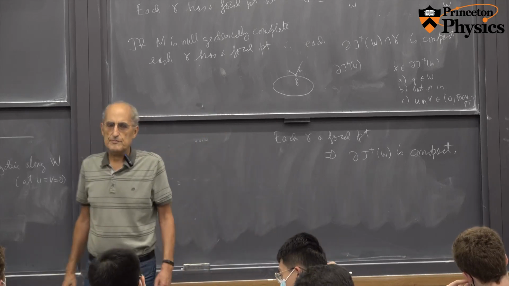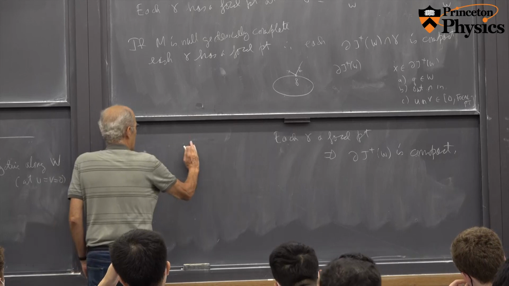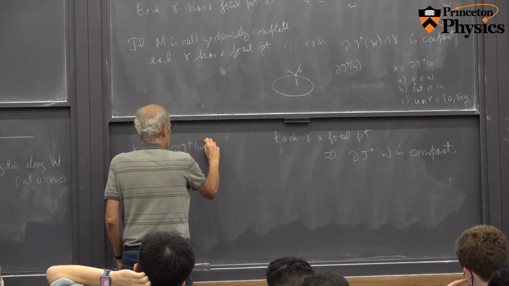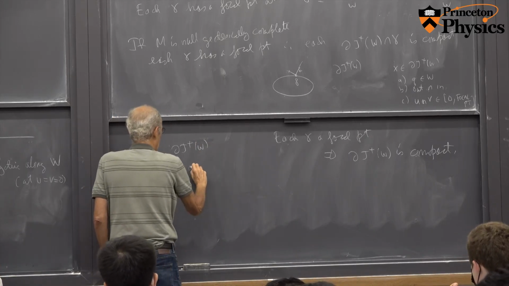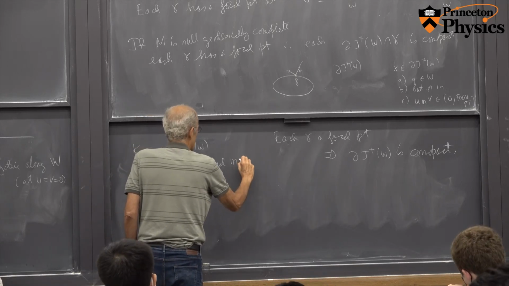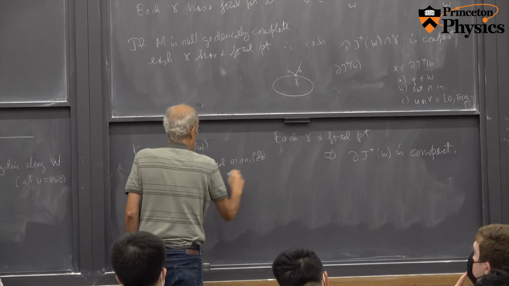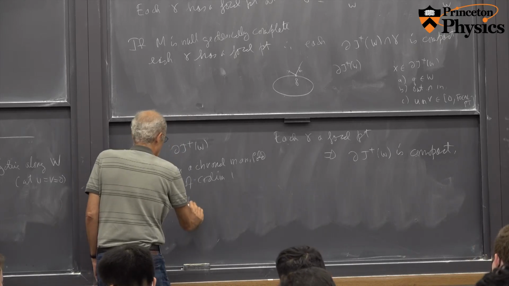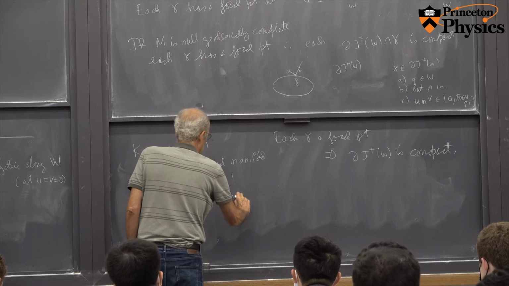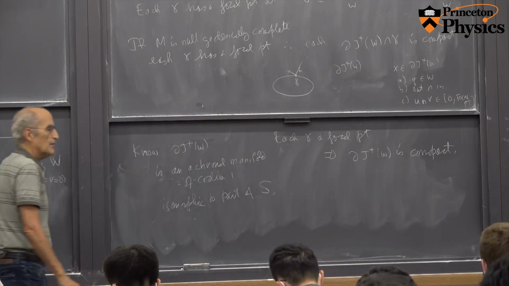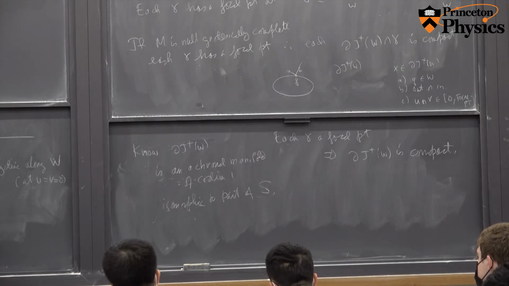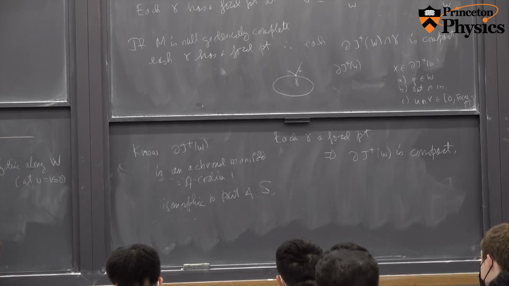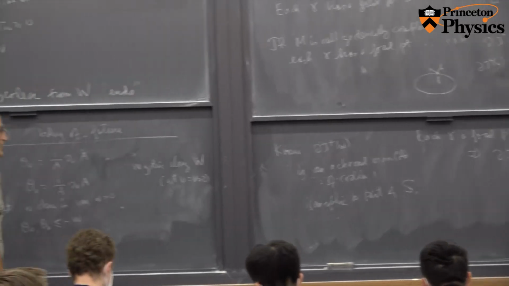Well, how do we finish the proof? We know from previous lectures that the boundary of the future of W is an achronal manifold of codimension 1 and isomorphic to part of S. So as I actually said last time, a manifold that's part of S and has the same dimension as S is either S itself or an open set in S. That's why it's important here that S isn't compact.